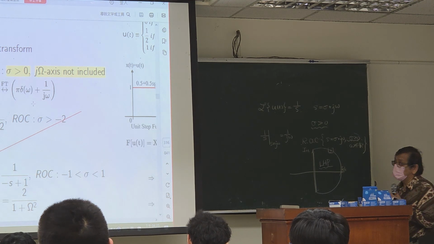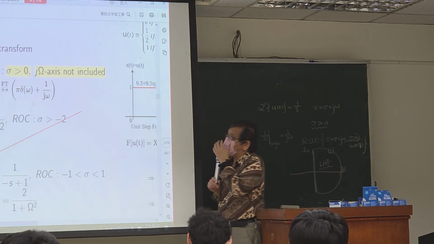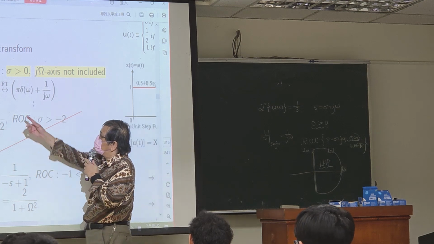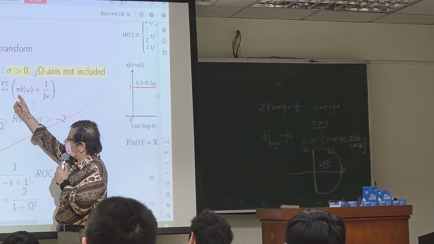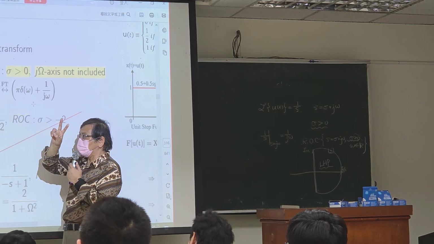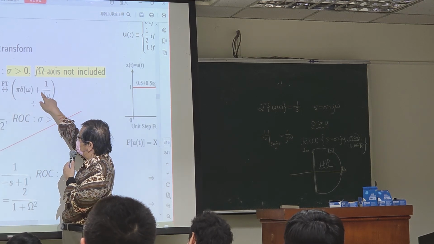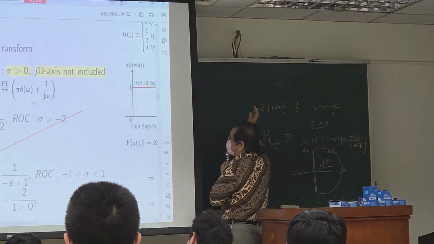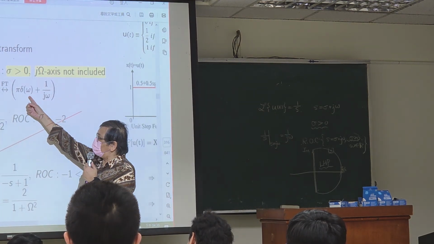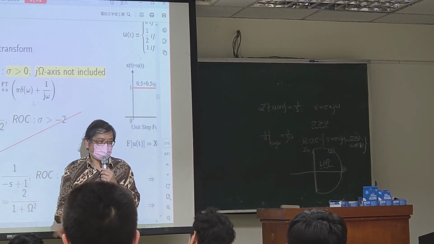Actually, if you look at the table, you will find that the Fourier transform of the unit step function equals the sum of two terms: in addition to 1 over j omega, there's another term, pi times the impulse.